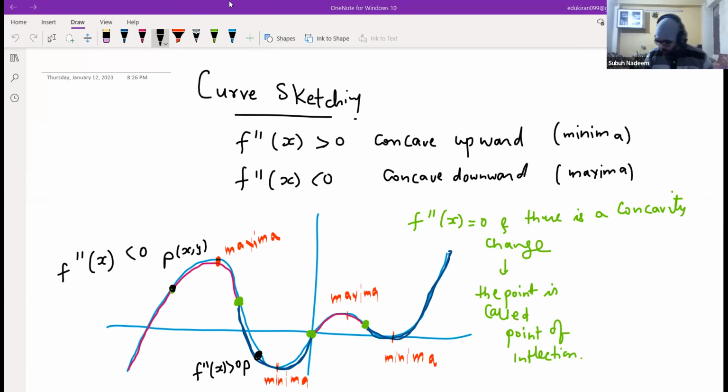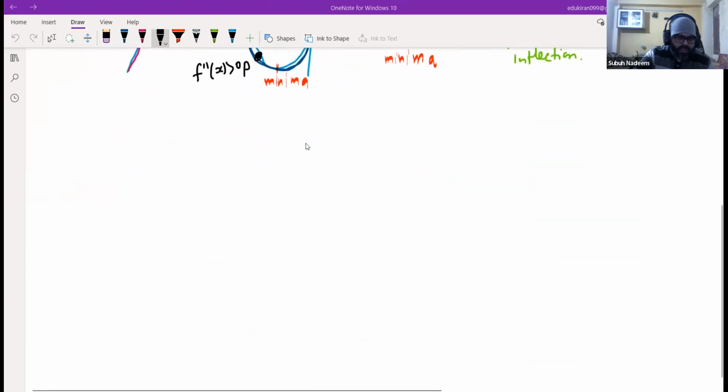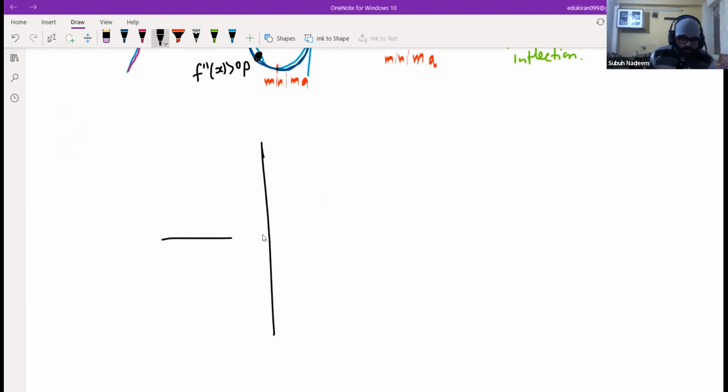No, sir. Okay. Next, they have taken a graph and they are telling almost the same thing: what is point of inflection? Point of inflection is where the concavity changes.